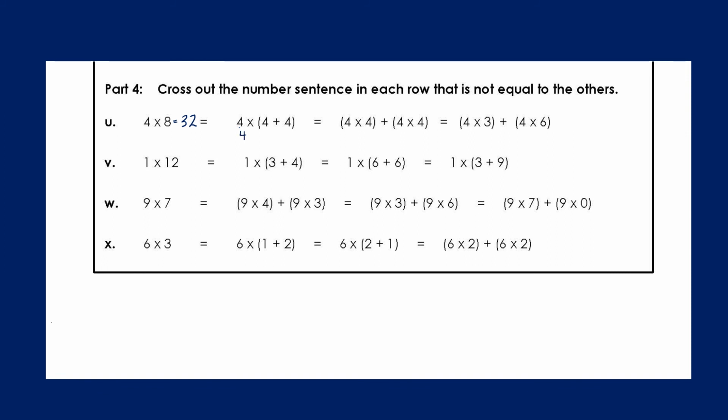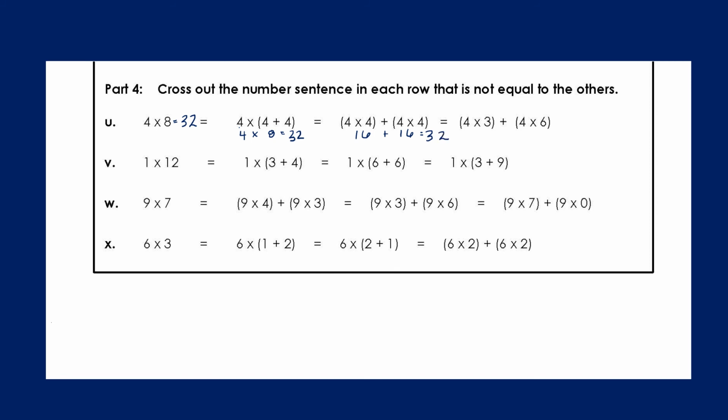So this would be 4 times 8, which equals 32. So that's good. Our next problem is the sum of 4 times 4 and 4 times 4, which is 16 plus 16, which equals 32.